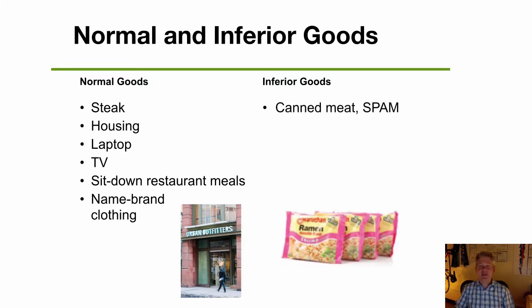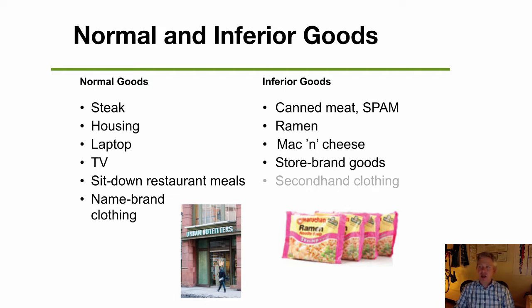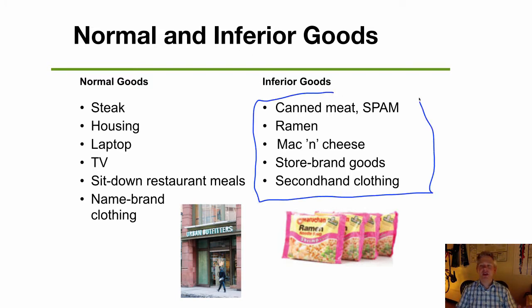Usually things like canned meat, Spam, ramen noodles are a classic example, mac and cheese, store brand goods, generic goods, and secondhand clothing. For most people, as their income goes up, they actually demand less of these things. So income shifts demand, but it does so in different ways depending on the type of good.